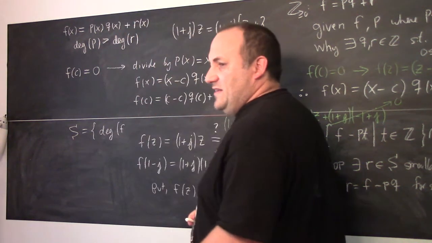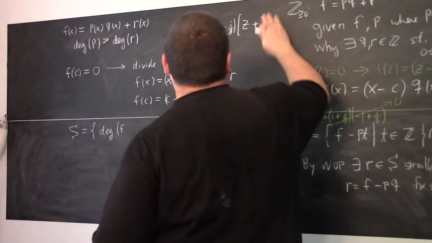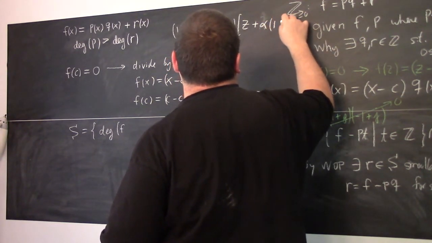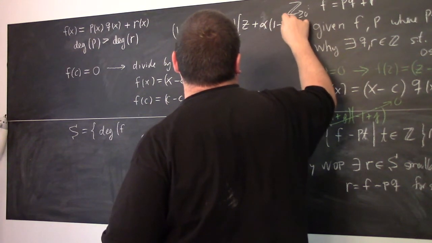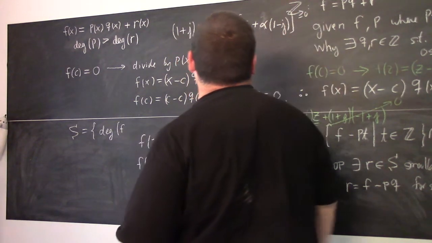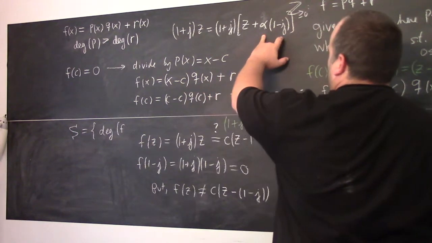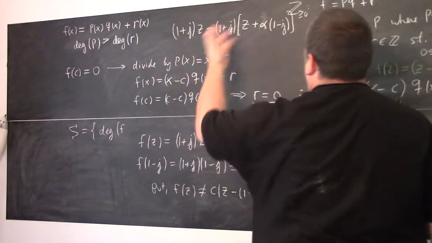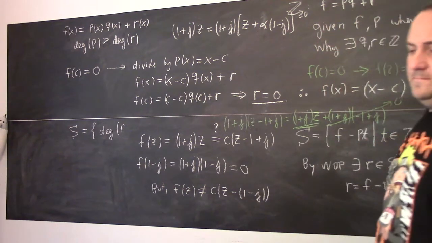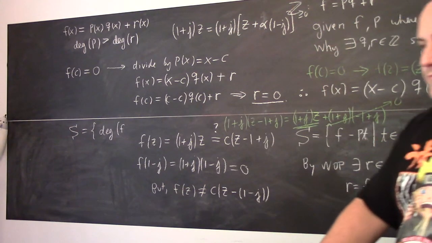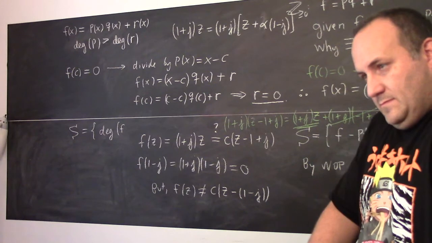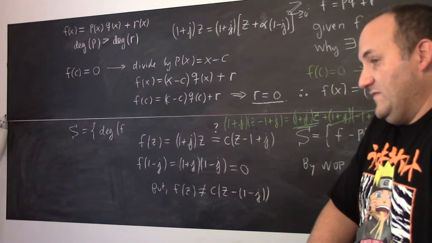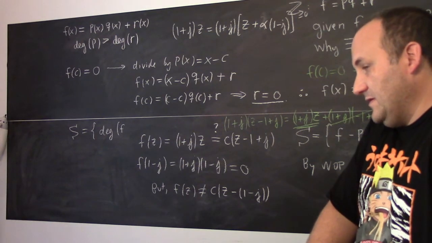Actually, not even any real number, any algebra number, alpha, times 1 minus J. You can put anything here because this times that is 0. And so this is just straight an identity.